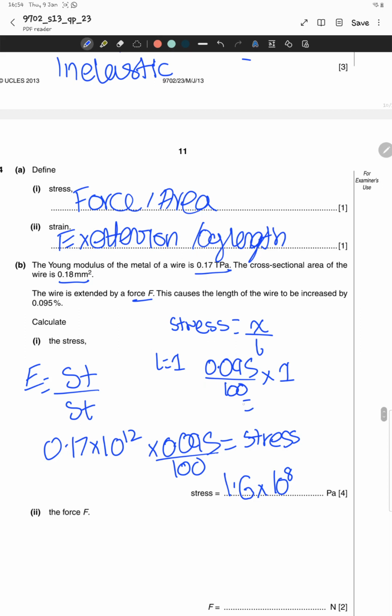If you calculate this, 9.5 times 10 to the power of minus 4 is your extension. And strain is extension over length, and since length was 1, that makes your strain also 9.5 times 10 to the power of minus 4. This works for any length, because strain is a ratio of extension and length, and a percentage is a ratio. Increasing something by 0.095% means that the ratio of the extension and the original length is 0.095%.